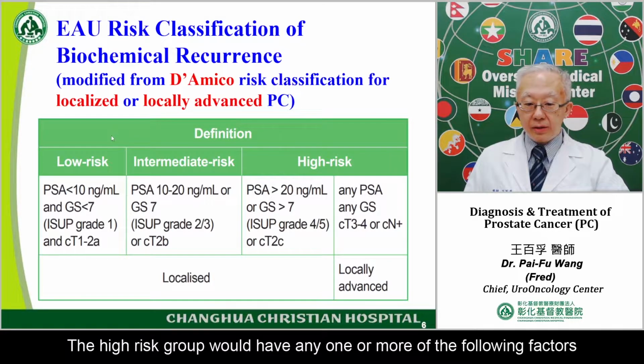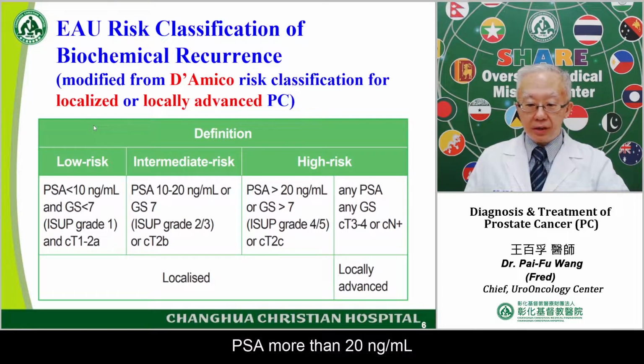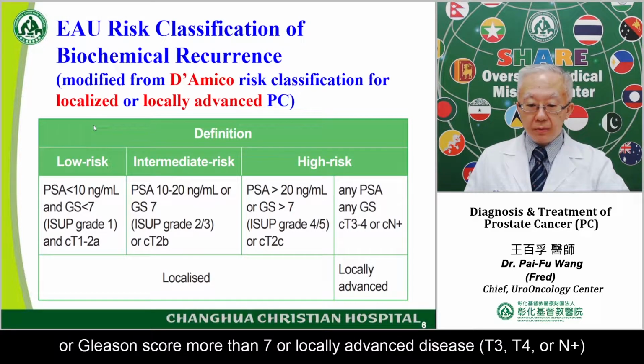The high-risk group would have any one or more of the following factors: PSA more than 20 nanogram per milliliter, or Gleason score more than 7, or locally advanced disease. That is any PSA, any Gleason, but clinical T3, T4, or lymph node positive.